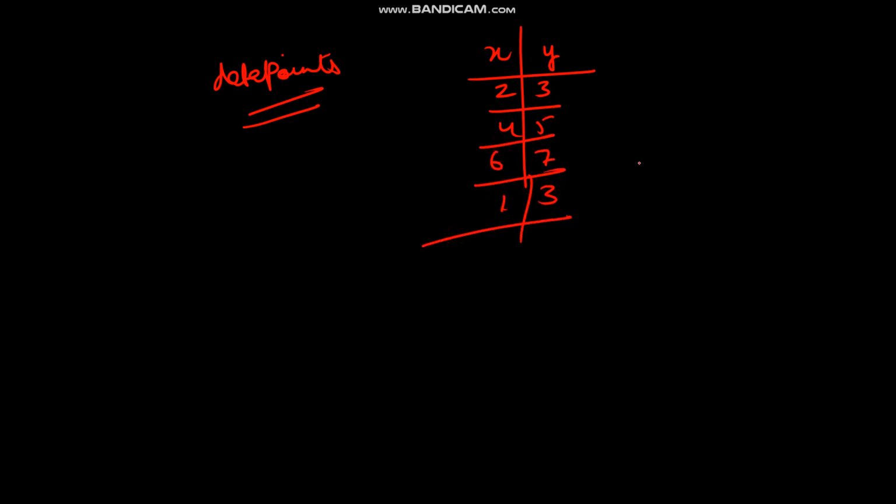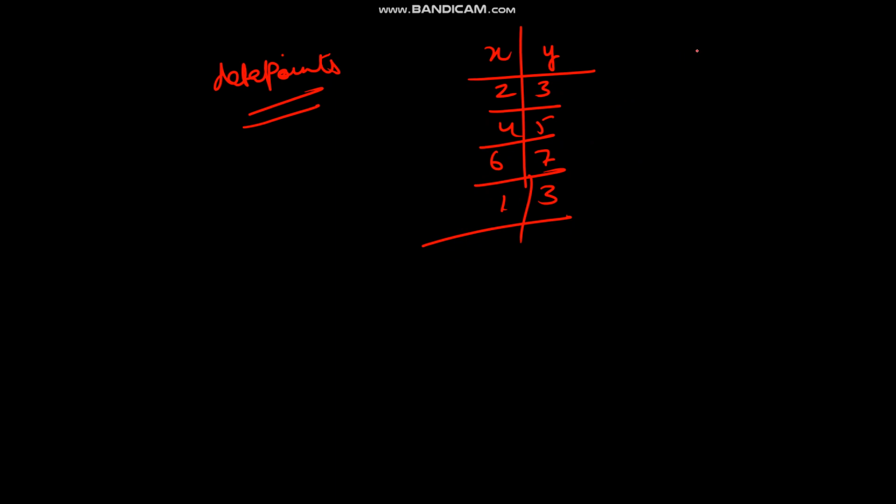Suppose we are given X and Y parameters. For this we have some data like this: 2 3 4 5 6 7 1 3 and so on. Now what does it mean?